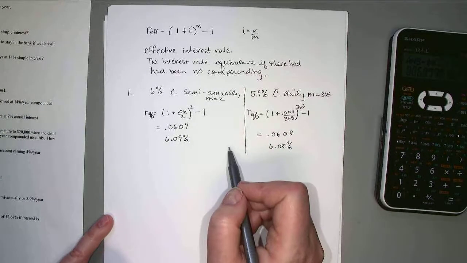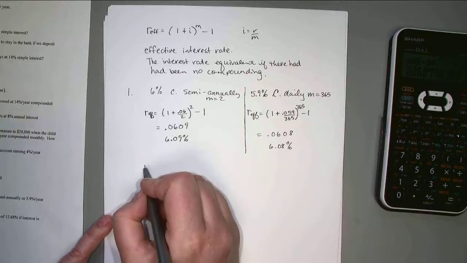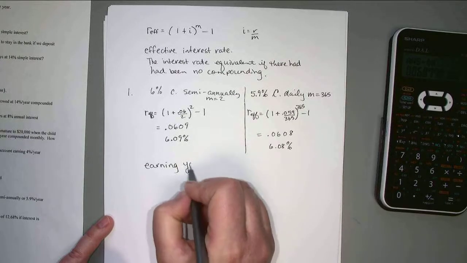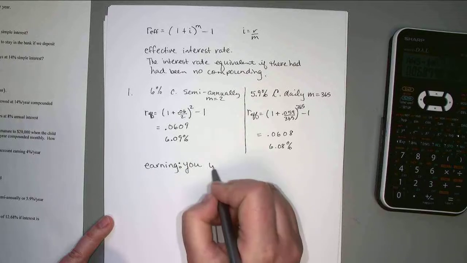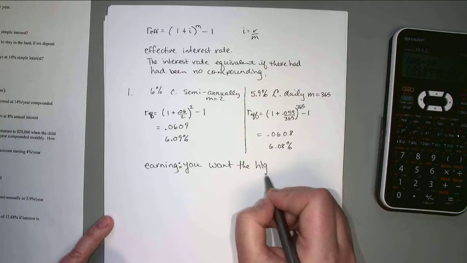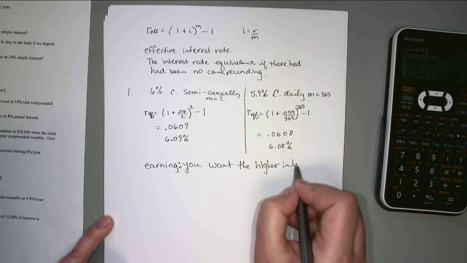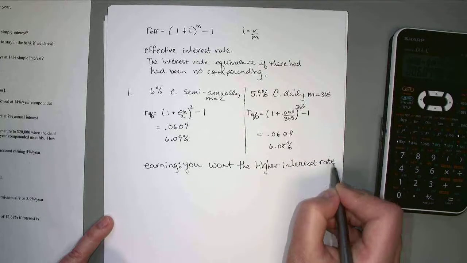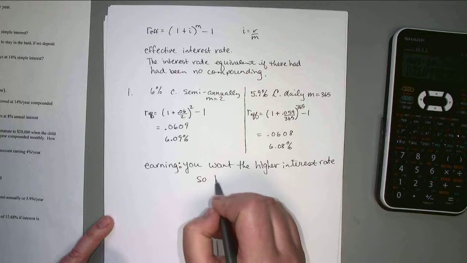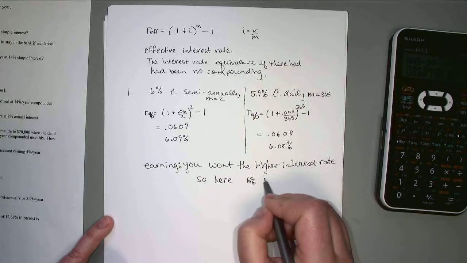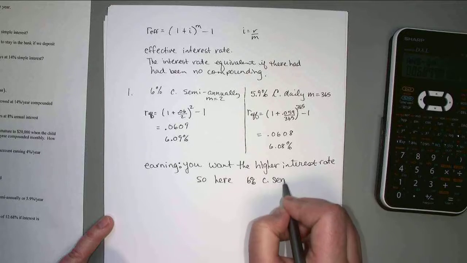So if this is would you rather earn, so you're earning money, you want the higher interest rate, if you're earning. So here, 6% compounded semi-annually is higher.